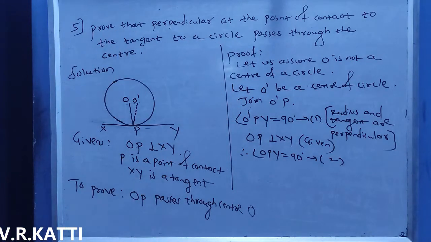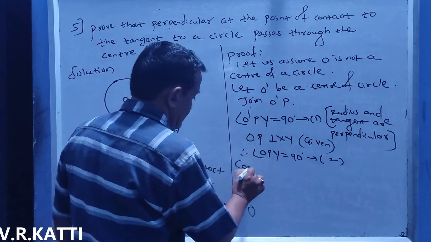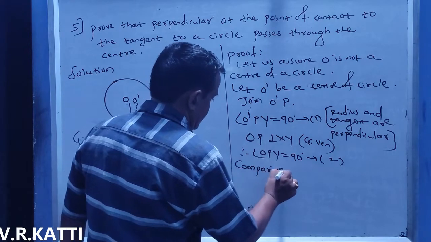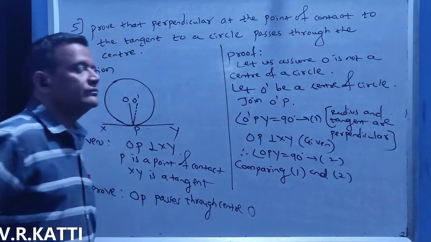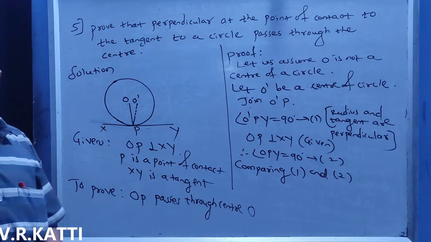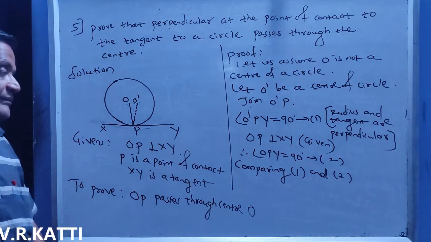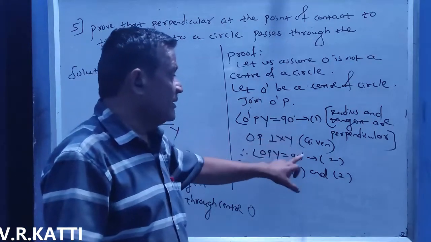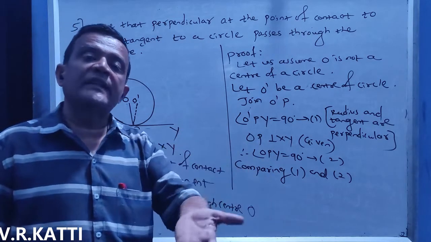Now comparing 1 and 2, use axiom 1, which you studied in 9th standard. Comparing 1 and 2, O dash PY is 90 and OPY is also 90.